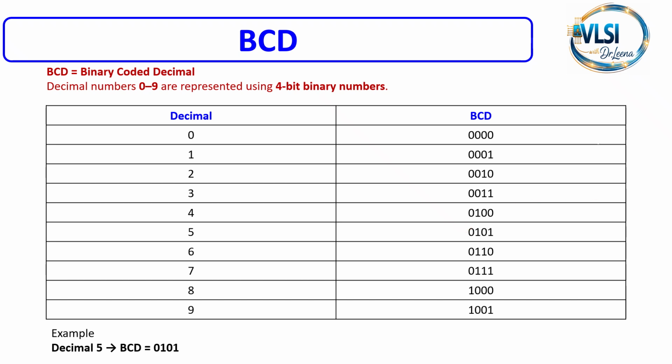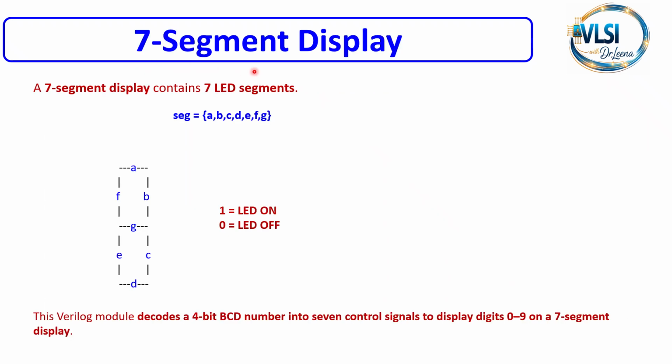Now let's see the 7 segment display. It contains 7 LED segments, that is, segments A, B, C, D, E, F and G. Here the LED is on when it is 1 and off when it is 0.